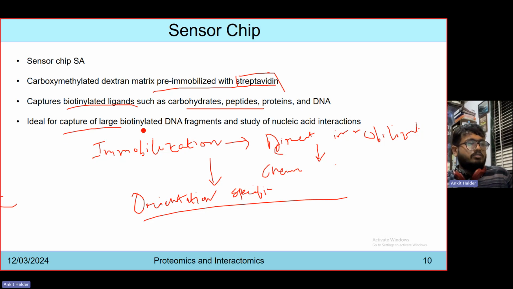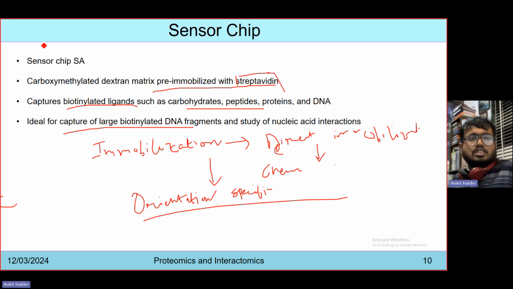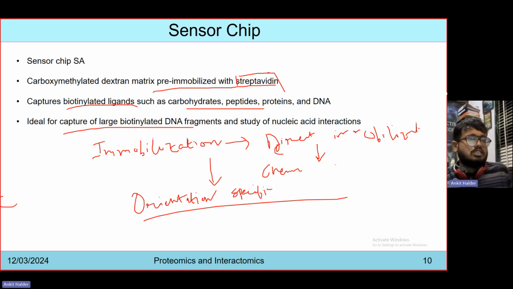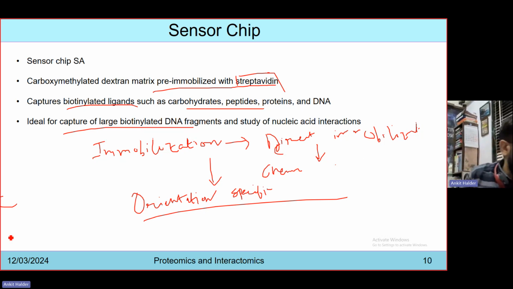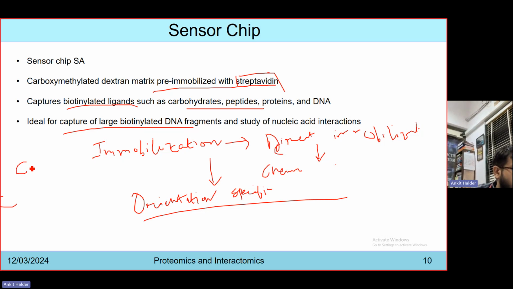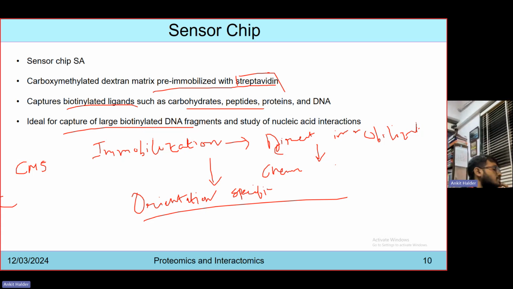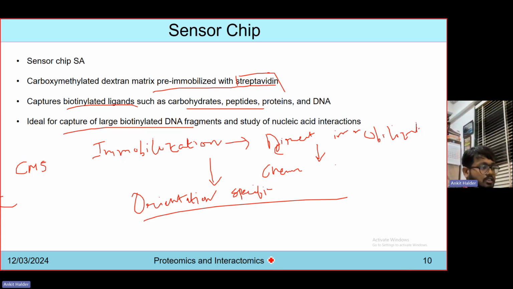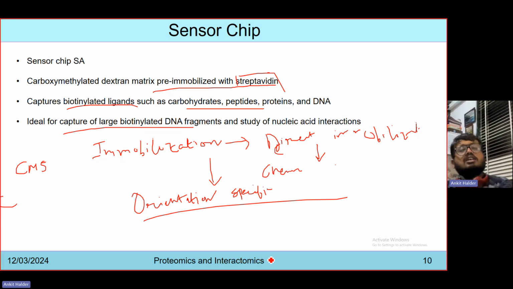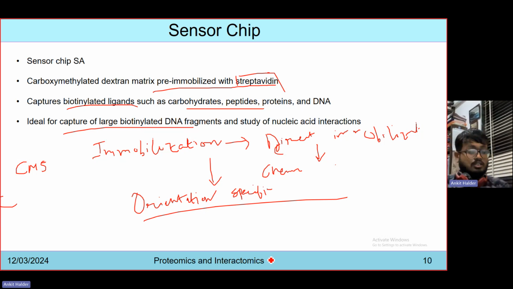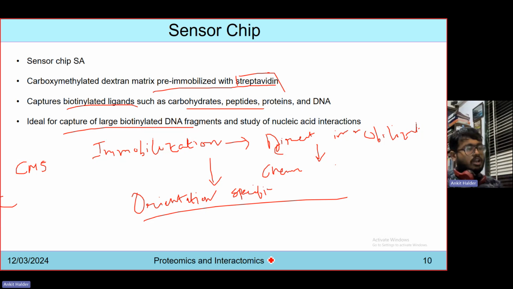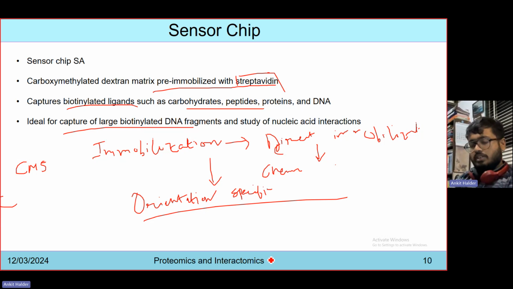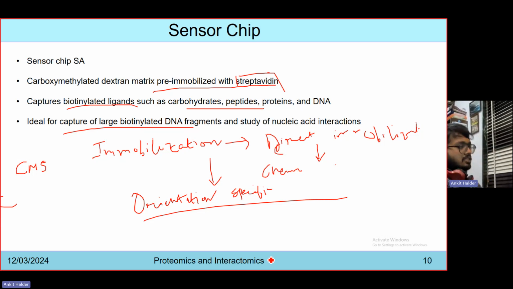and DNA, and it is ideal for capture of large biotin DNA fragments and for the study of different nucleic acid interactions. So till now, we have seen CM5, which is robustly used and is carboxymethylated dextran, hydrophilic, easy to activate and good for activity generation.